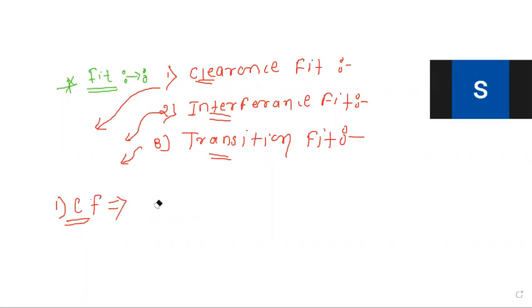Okay. Then how can we say it here? What is meant by the clearance fit? Simple concept.